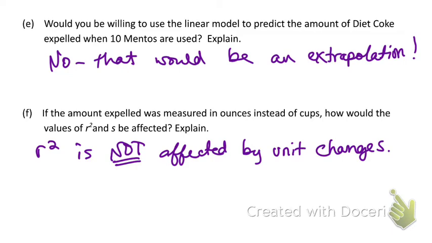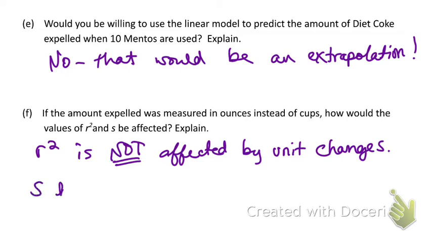8 ounces in a cup. There are 16 ounces in 2 cups, according to the problem. Oh, okay. There are 8 ounces in a cup. So if I change from cups to ounces, I just need to multiply S by 8, and that will get my S from cups to ounces. That's all.